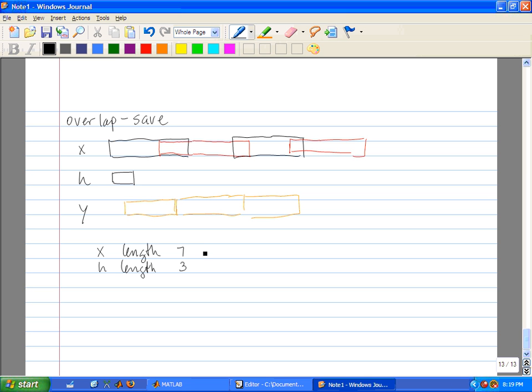So if you do this function, circular. So let's say we do this. Oops, not 3, H. So how many points of that result should be the same as the linear convolution?